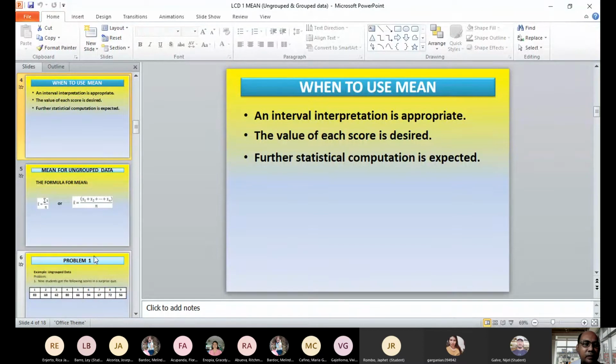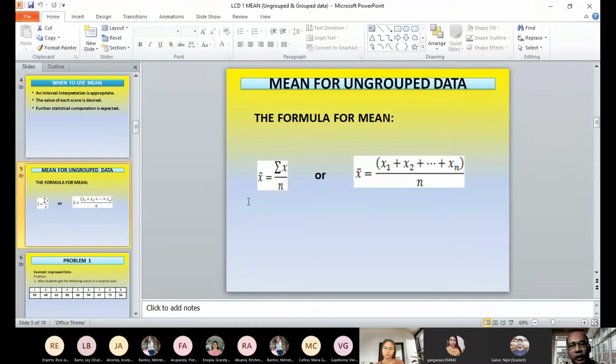Now, the formula for the mean using ungrouped data. When we say ungrouped data, the value of n is less than 30 observations. If it is less than 30 observations, that means it is ungrouped data.